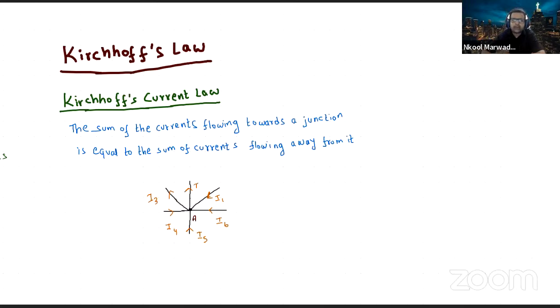Now, since no net charge is created or destroyed during the process, whatever is the incoming current should be equal to the outgoing current. So if I look at I1, I2 is an outgoing current, I3 is outgoing, I4 is an incoming current, I5, I6. I1 plus I4 plus I5 plus I6 has to be equal to I2 and I3.